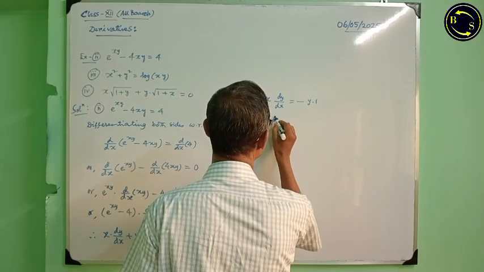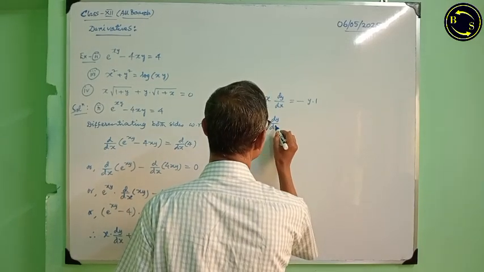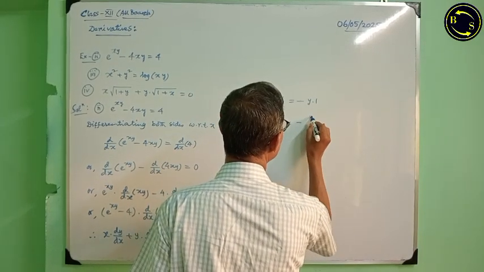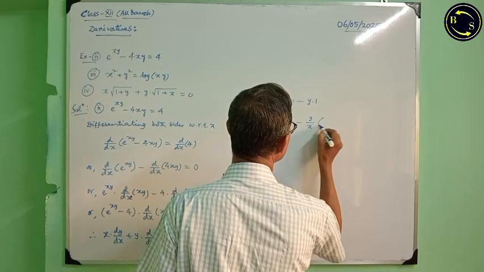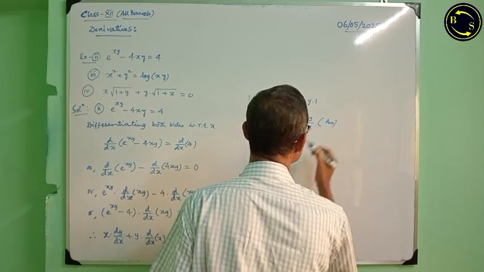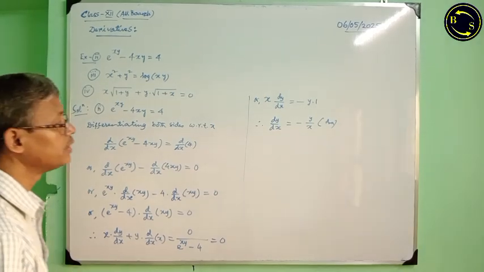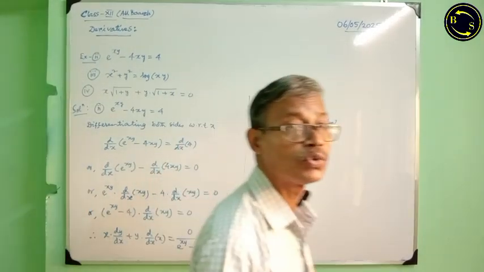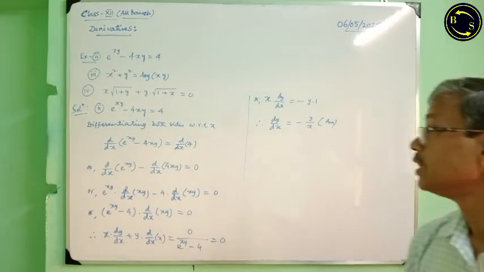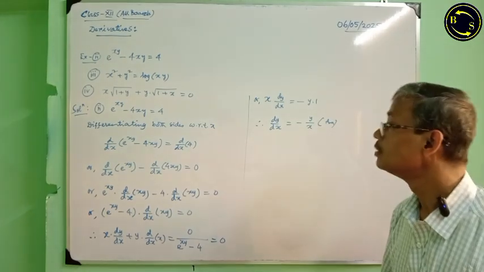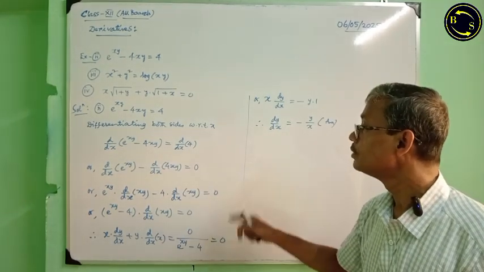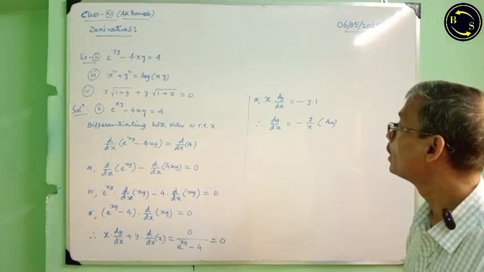Therefore, dy/dx is equal to minus y by x. This is the answer. I think learners or students who are doing this for the first time are noticing the steps carefully.